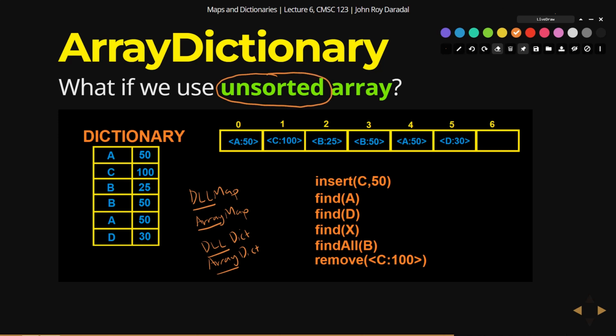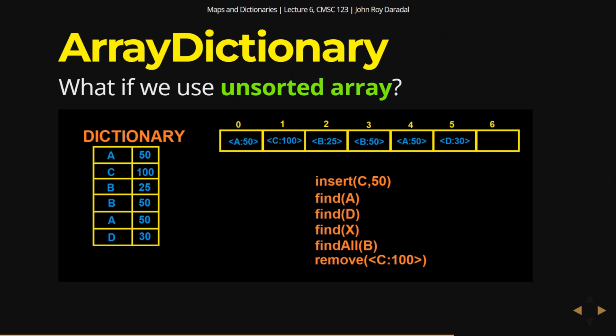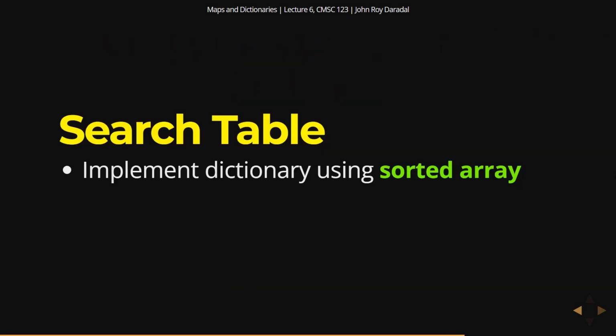Okay? So, what if we try sorting the entries in the array? The last implementation will do exactly that. The last implementation that we'll look at is called the search table, which will try to implement the dictionary using a sorted array.